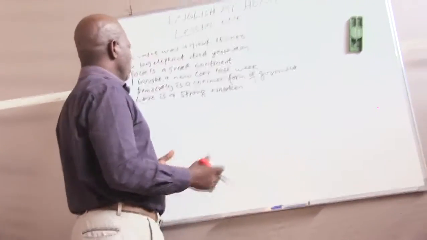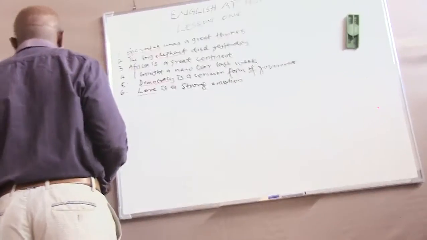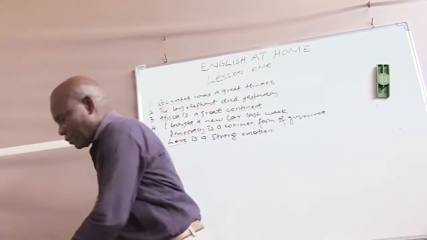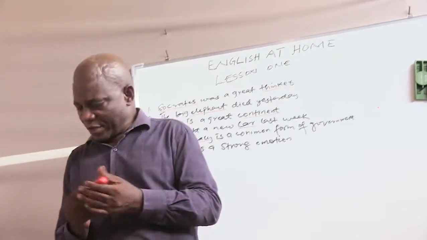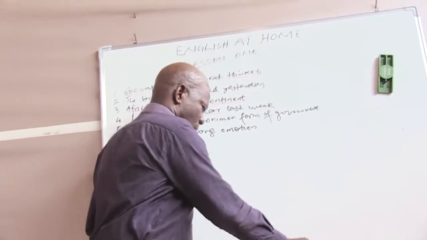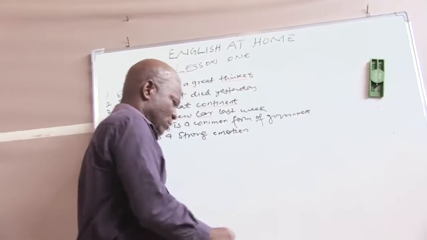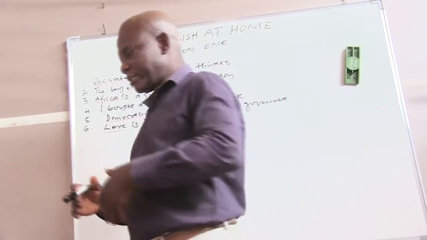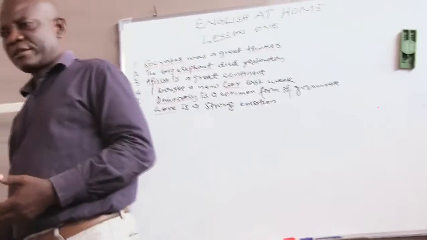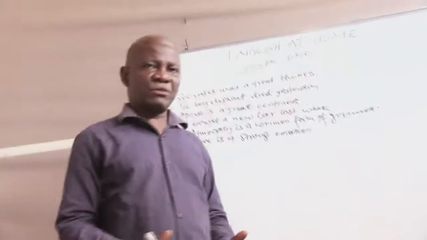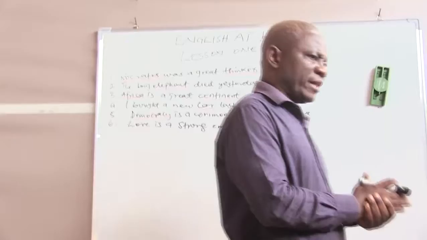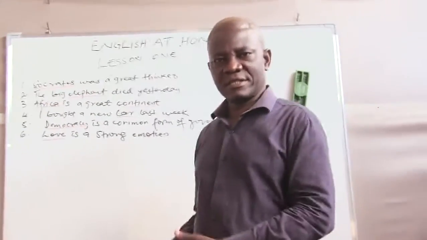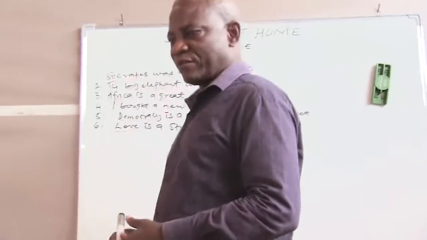All right. So let's just go back a little bit to what we have studied for today. We started from the parts of speech, and I hope you are still following. We said that the term parts of speech simply means the categorization, if you like, or the classification, or the arrangement of words according to their functions in sentences.